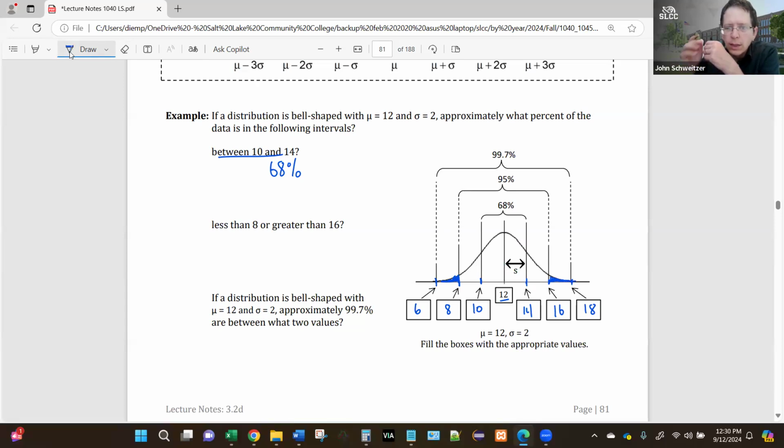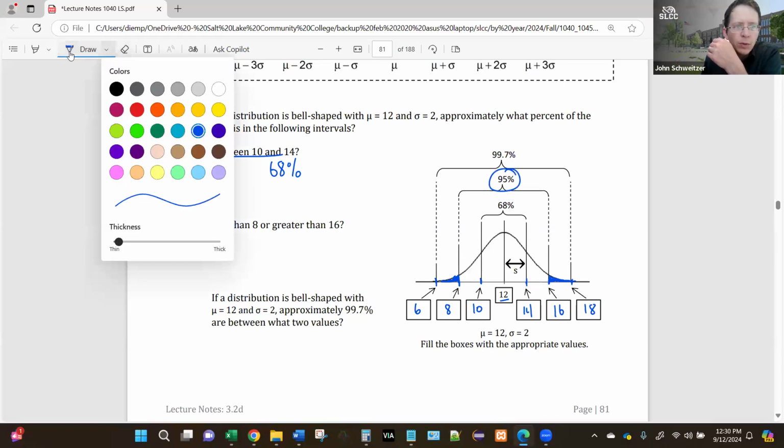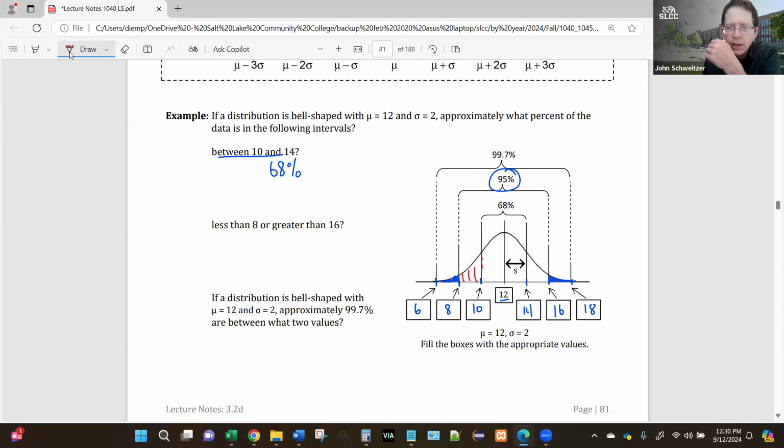So what is the area for that two-part region? The region is basically the tails. Well, what do we know about 95%? 95% is the area in between. So if 95% is this red area, how much is left for the blue area on the outside? Well, 100% minus 95% is 5%. So 5% of your population is going to be less than 8 or greater than 16.